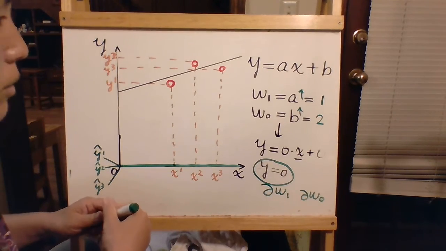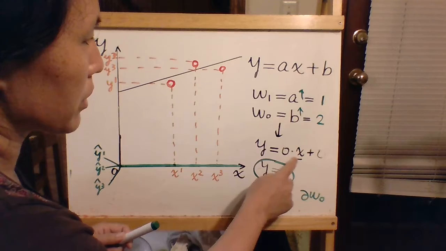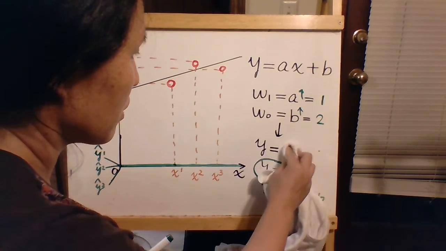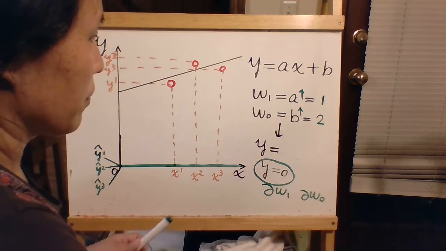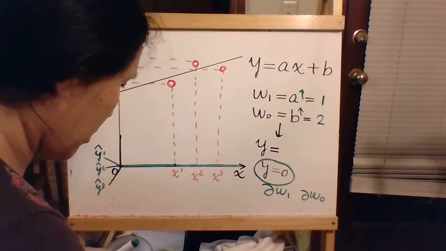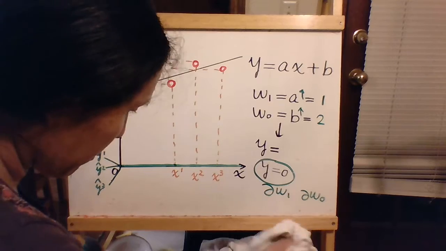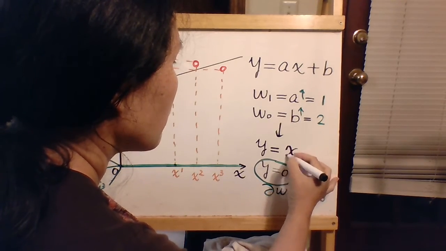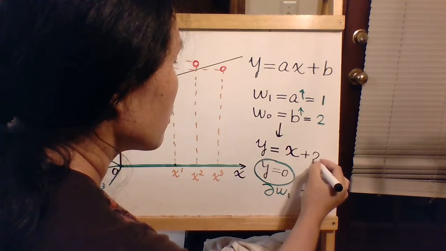All right, now this time it's no longer y equals 0 times x plus 0. It becomes y equals x plus 2.